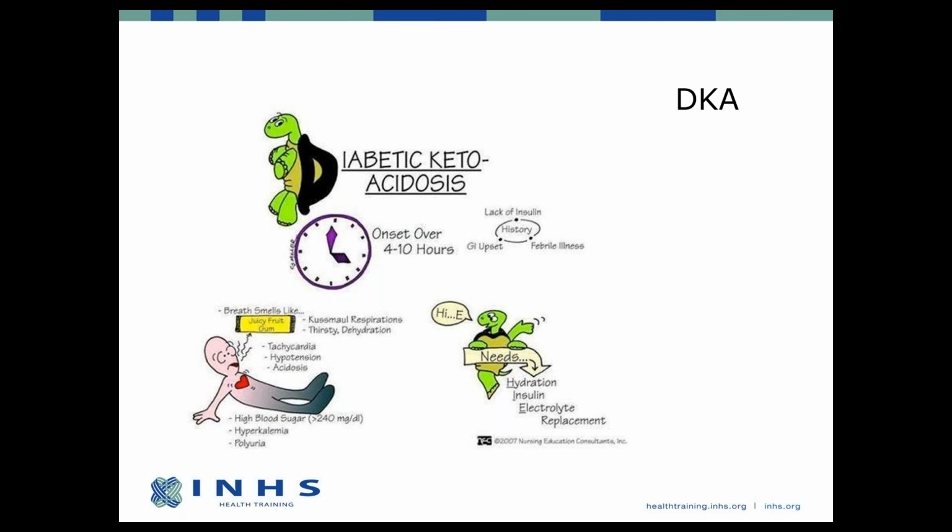We're talking about a glucose of over 240, right? Which is why most of your glucometers, when you exceed 240, will flash the number 240 and then flash the word ketone, and then 240 and ketone, to make you understand that it's likely they've got that ketone production in their body that can lead to acidosis.